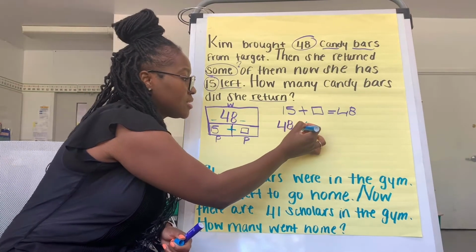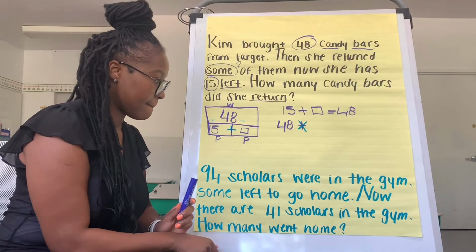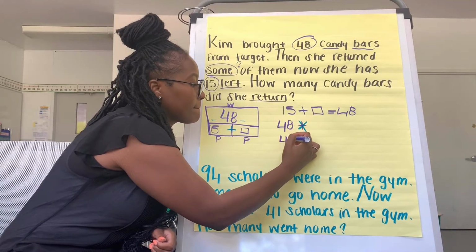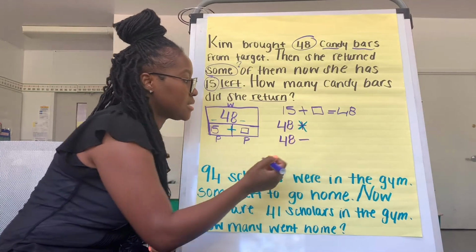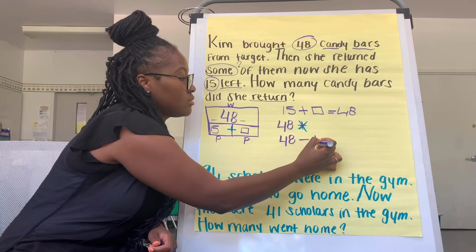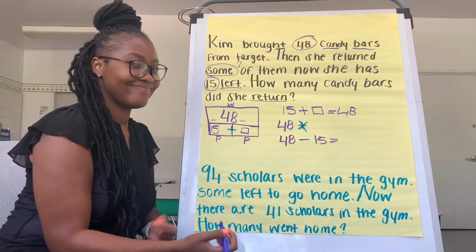Silly Miss Cruz. So we can do 48 minus my part equals my unknown part.